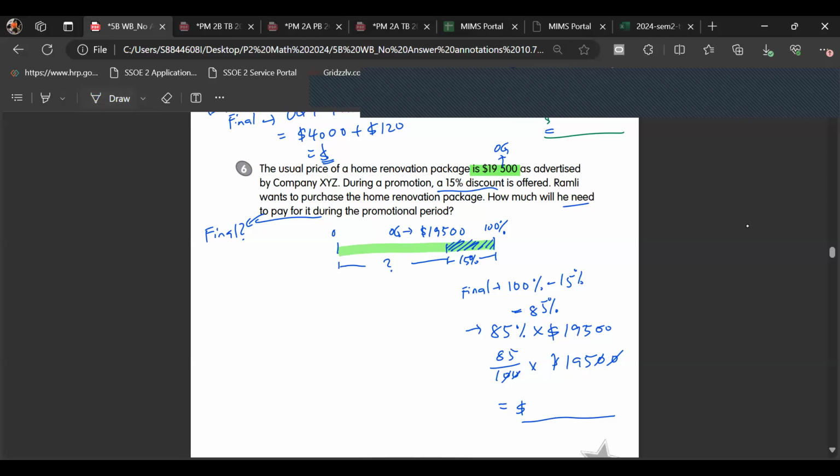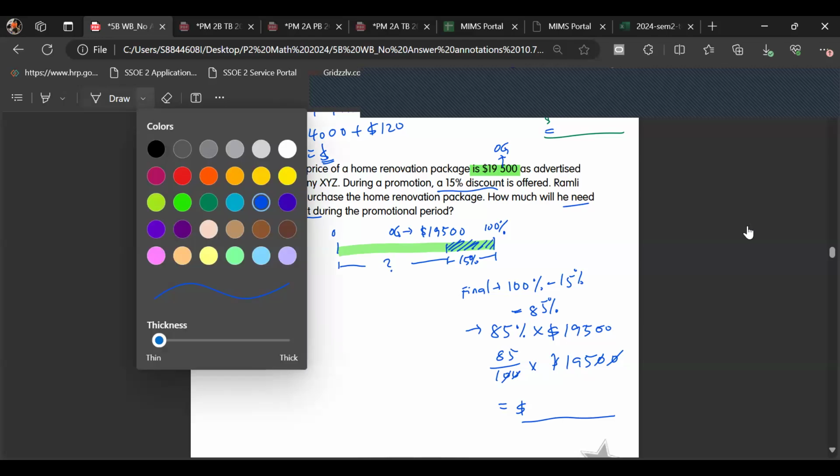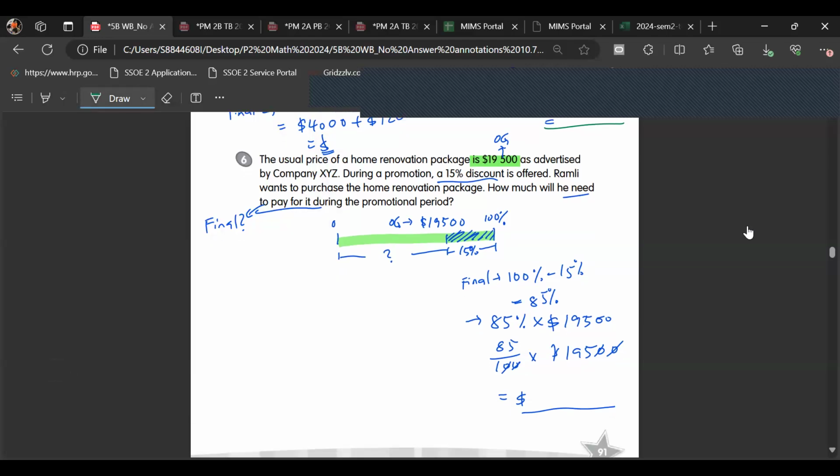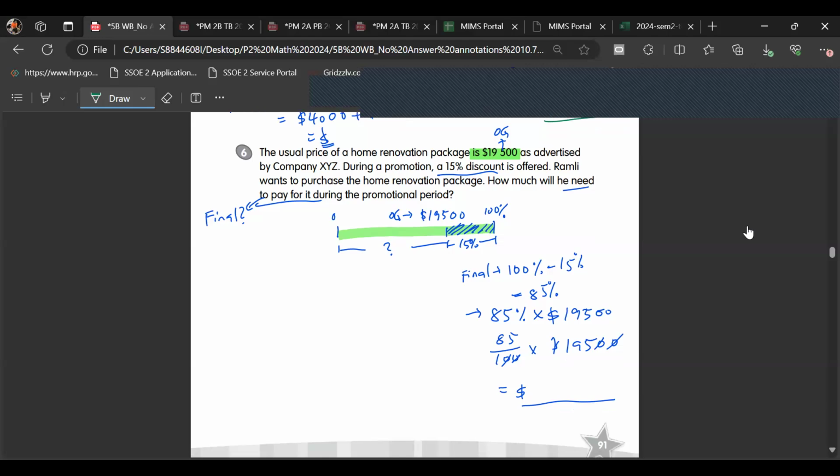Alternatively, you can do step 1, step 2 again. Sometimes it depends on how good your multiplication table is. If you can multiply very well, then this is not too difficult. But if you struggle with your long multiplication, then big numbers can be a bit scary. So step 1, find discount. You choose yourself which method.